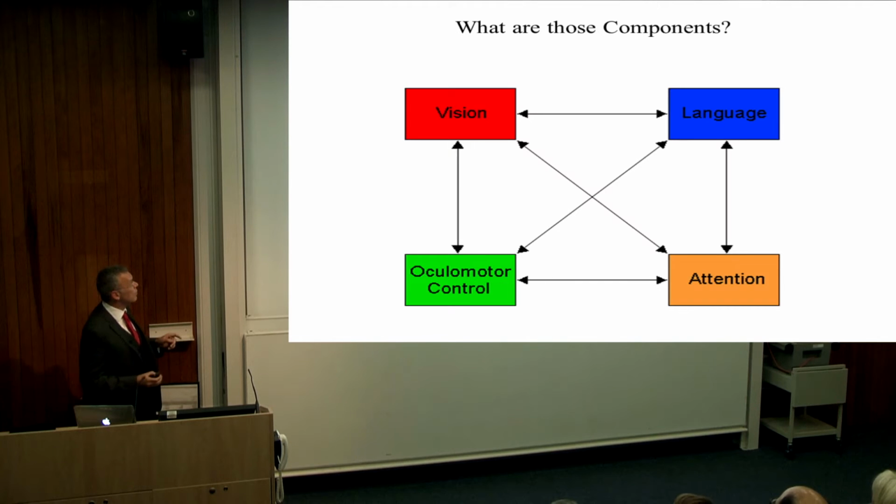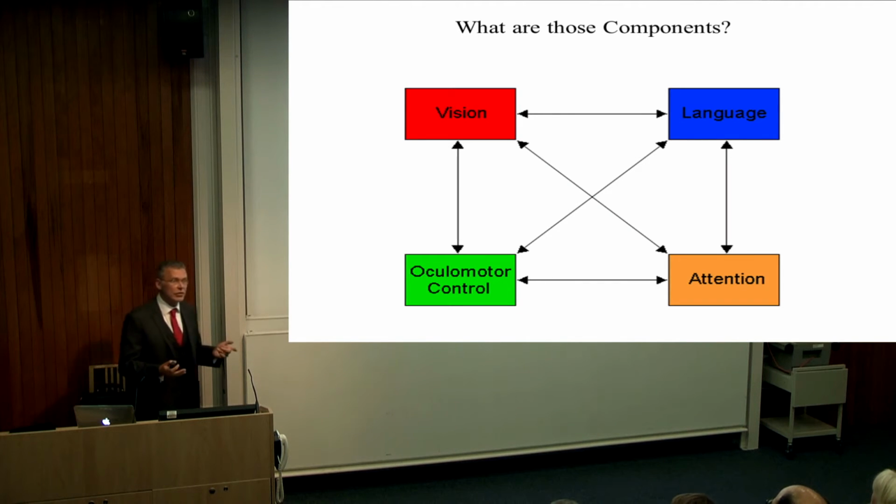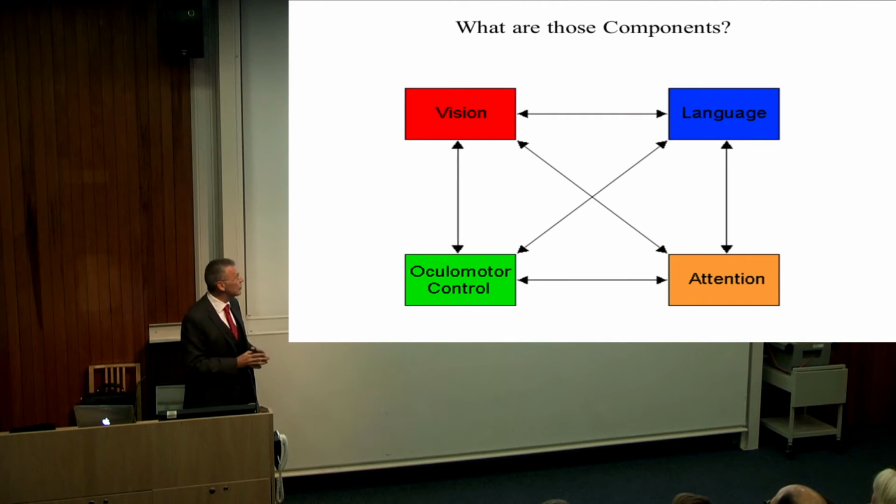At a minimum, they include visual processing, but also attention and oculomotor control to actually move the eyes across the page, and importantly, language. And in addition, it's also necessary to understand how these components interact with each other. If you just had a model of language processing, that would not be sufficient to understand how all these systems interact in real time.